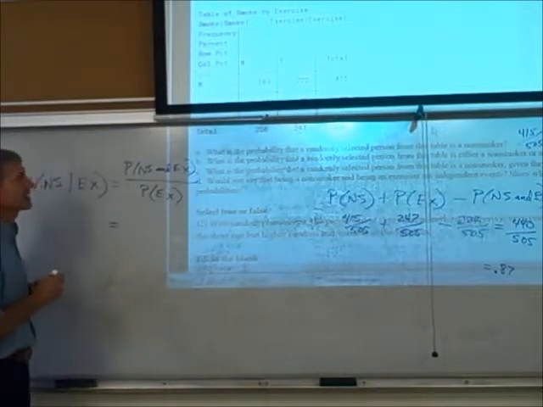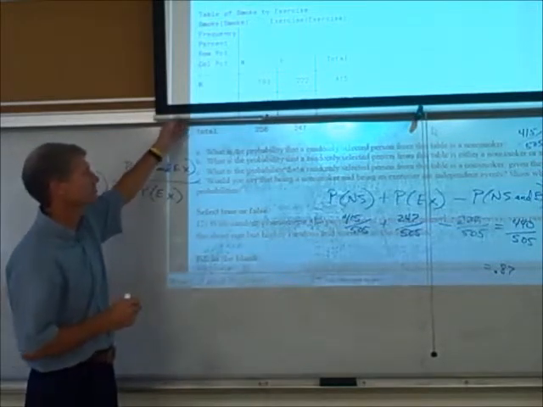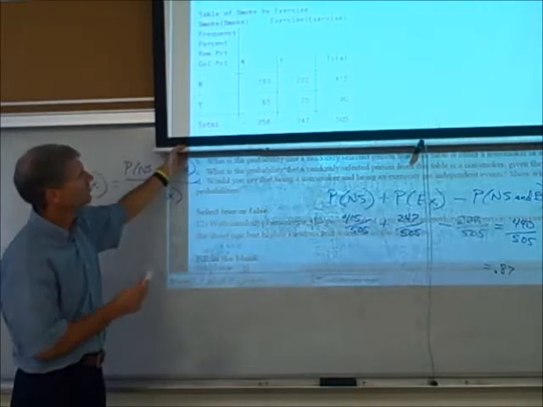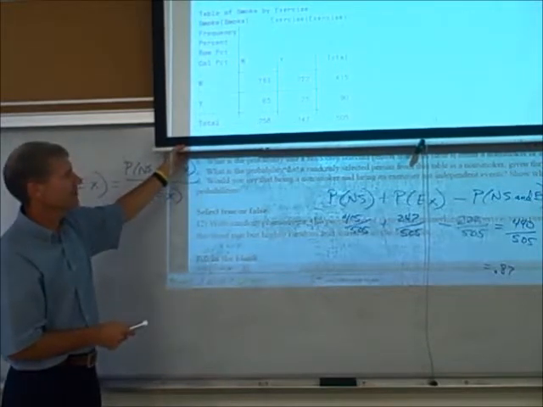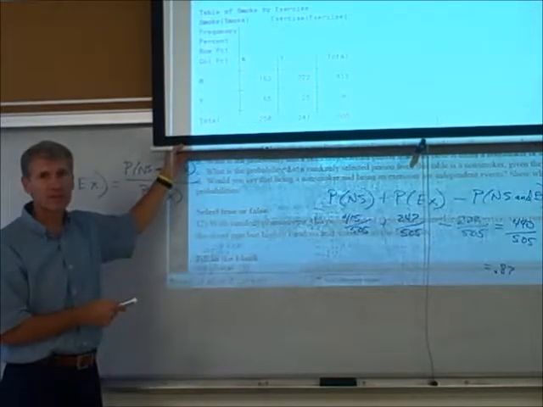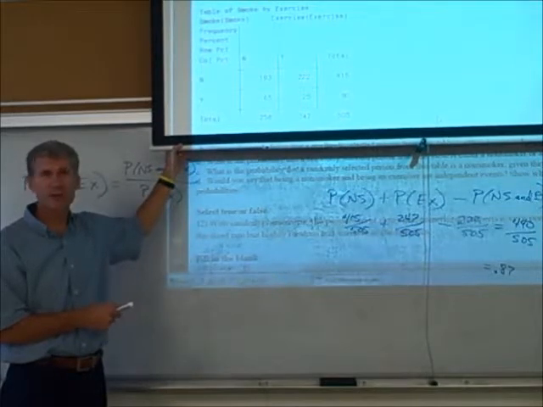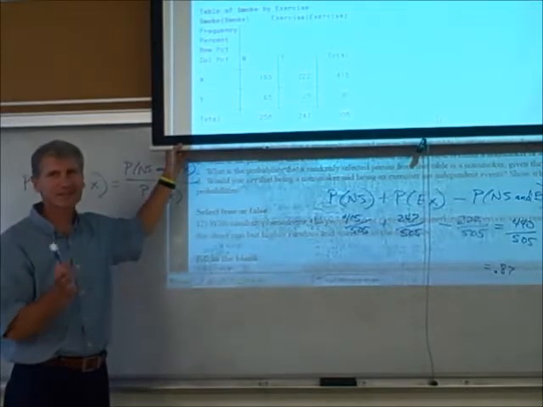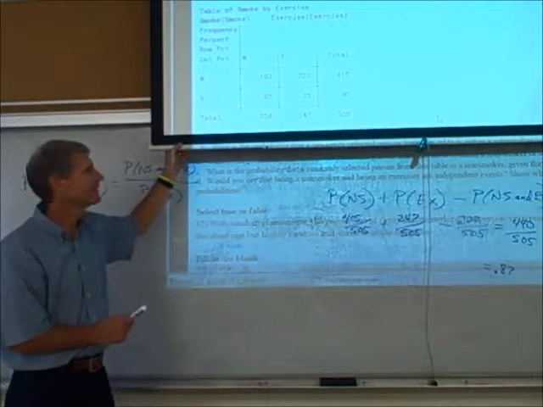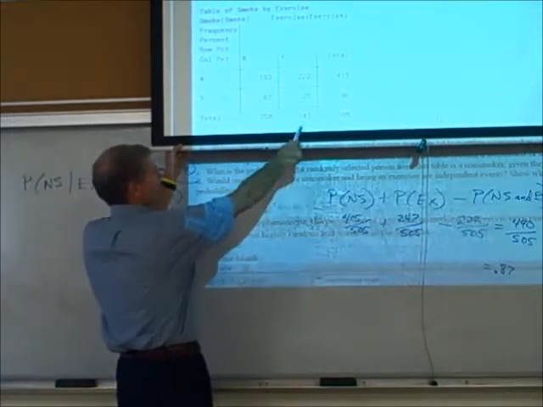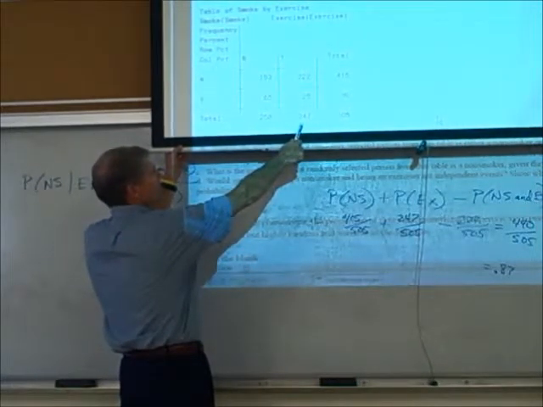So this is a contingency table problem, so you can get those numbers just by looking at the contingency table. And we did this in the first exam, only we didn't call them conditional probabilities, we called them conditional proportions. That's the same thing. So out of those who exercised, there's 247.